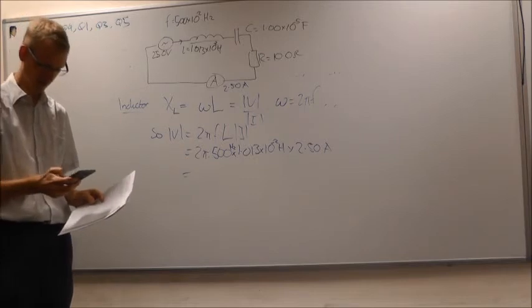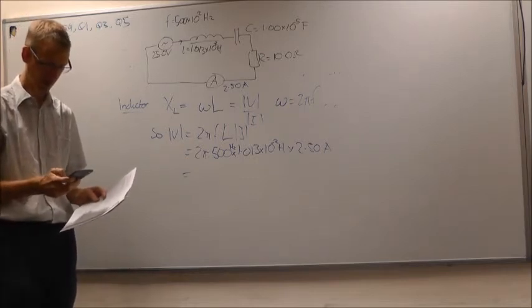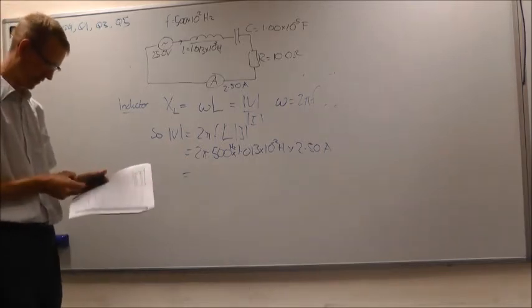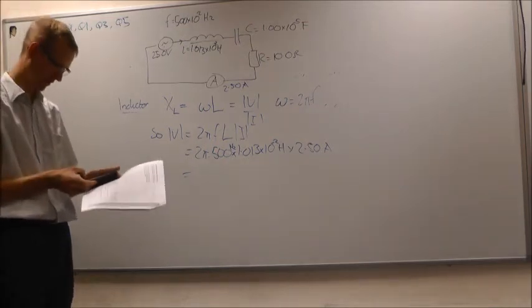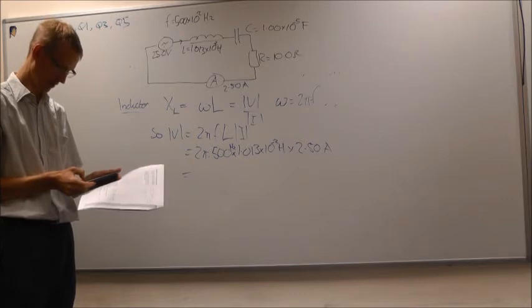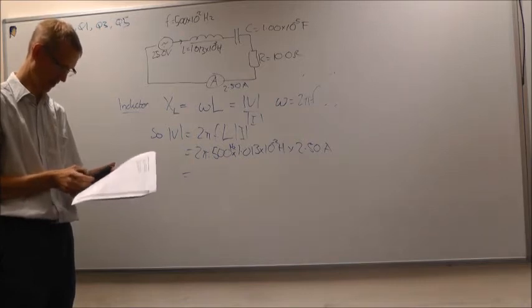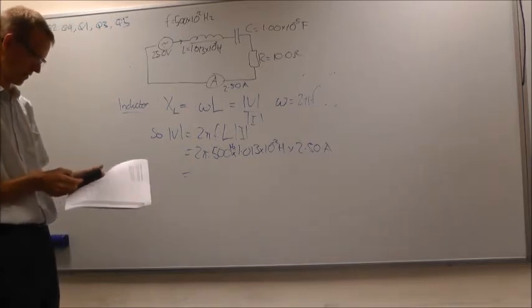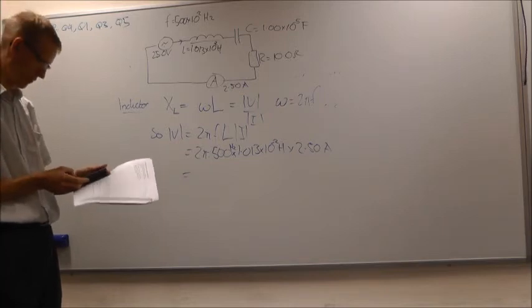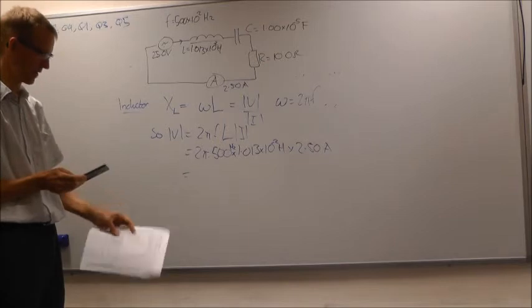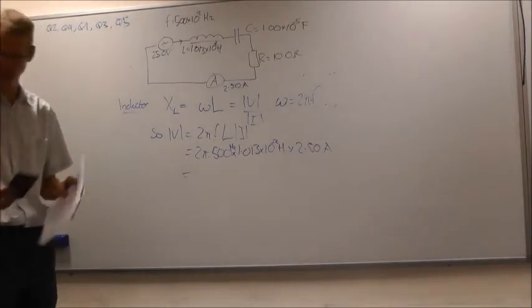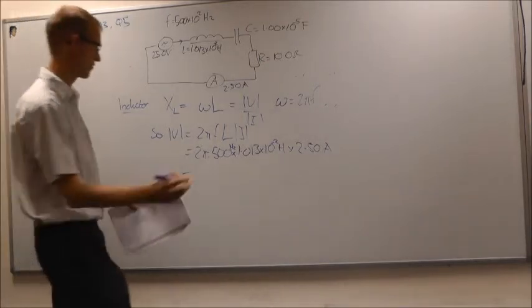So it's 2 times pi times my frequency 500 times my inductance 1.013 times 10 to the minus 2 times my 2.50, and I'm getting 79.6 volts, which is reassuring.